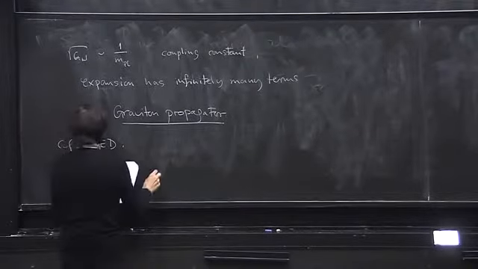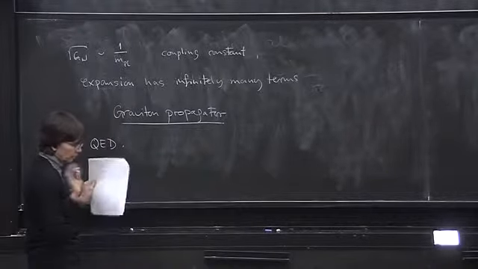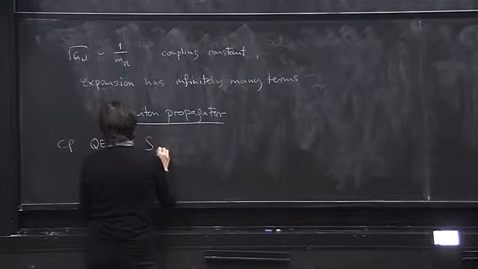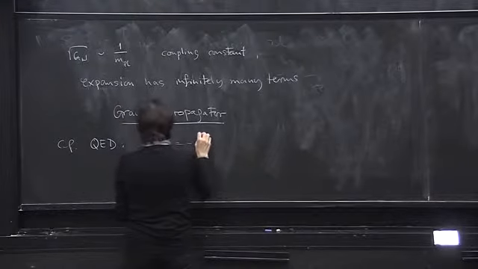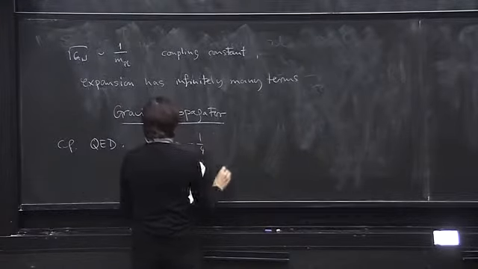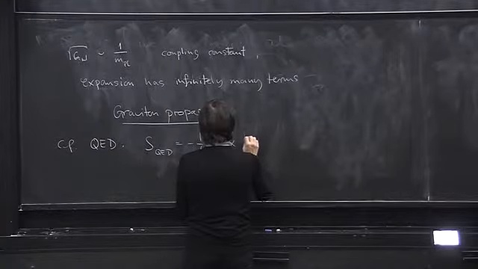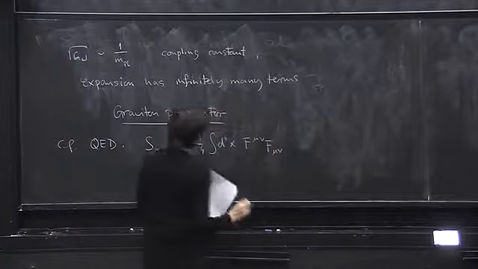Let me just look at the photon part, and not couple any fermions. Then the action, just for the photon field, is of the form -1/4 ∫d^4x F_μν F^μν.